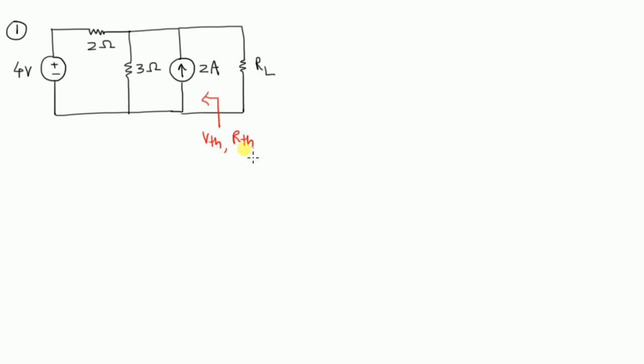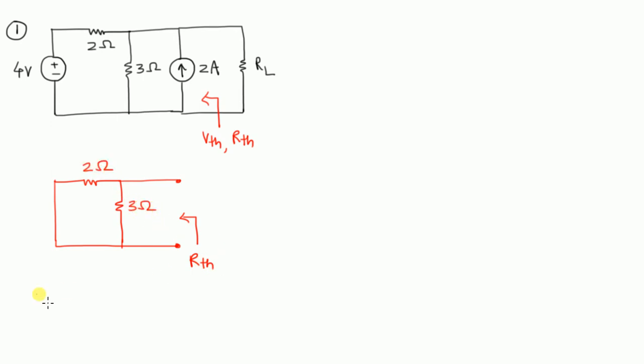So to find the RTH, we will make the independent sources 0. So this voltage source is short circuited. Then we have independent current source. Independent current source is open circuited. And here we have to find RTH.